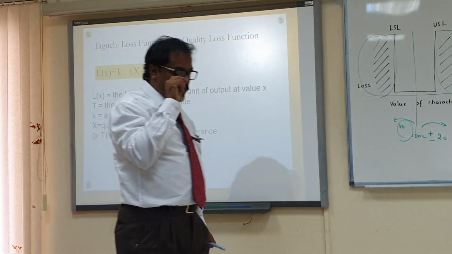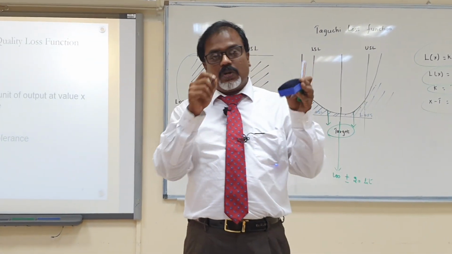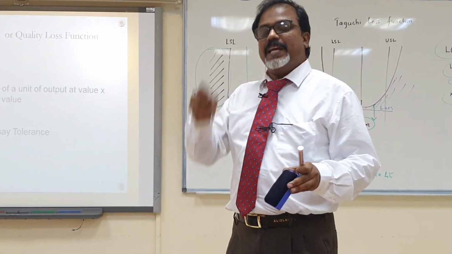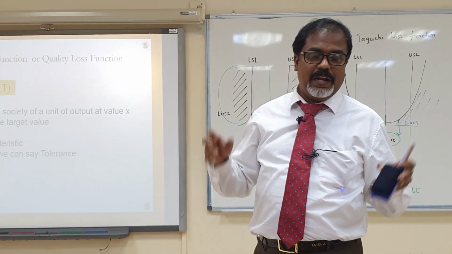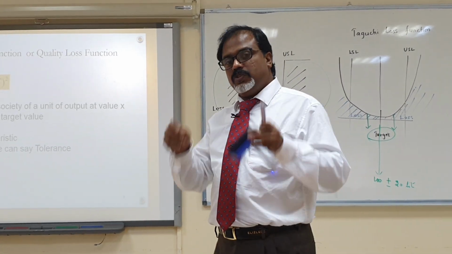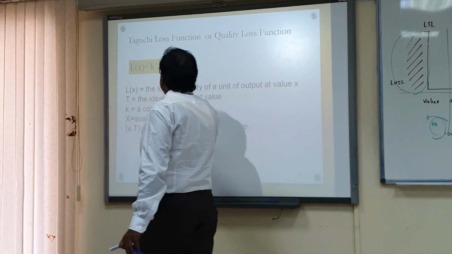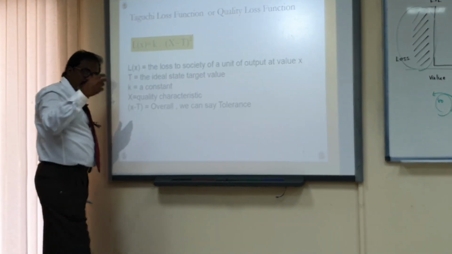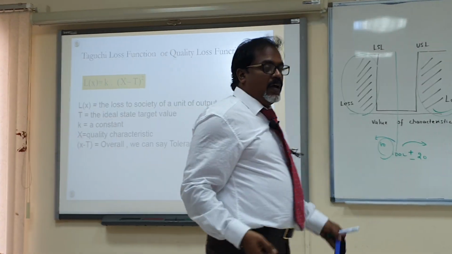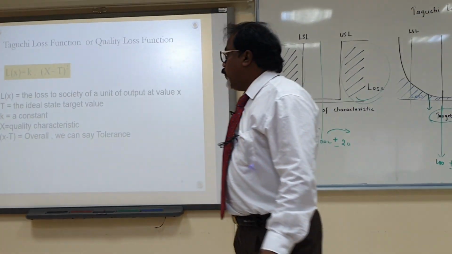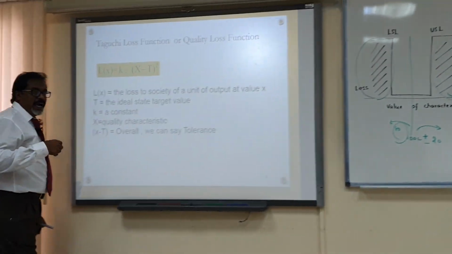For example, if 100 liters per minute has to come from a pump, the target is 100. For filling a can with 330 ml, you have to target 330 ml. This is the target value. k is a constant, the Taguchi constant. Then for further calculations, you can use this constant to find the loss value. And x is the quality characteristic.